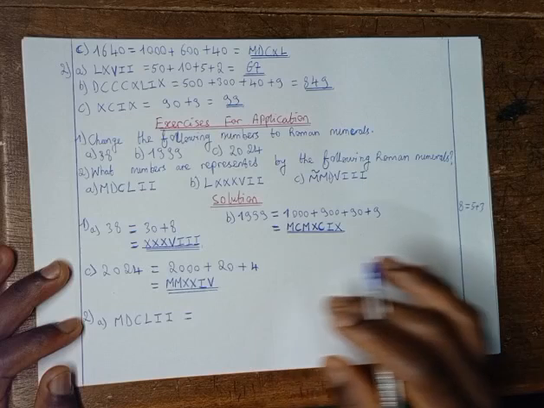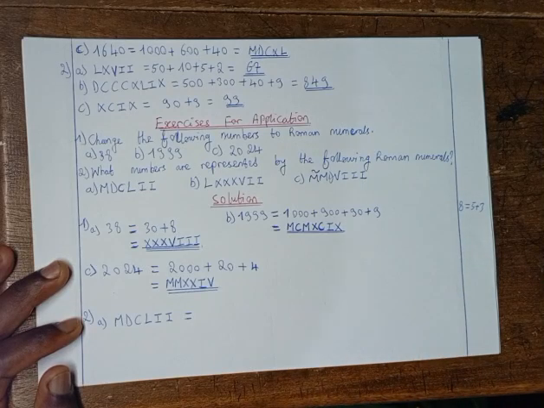So in this case, we are simply going to add the numbers represented by each of the symbols.